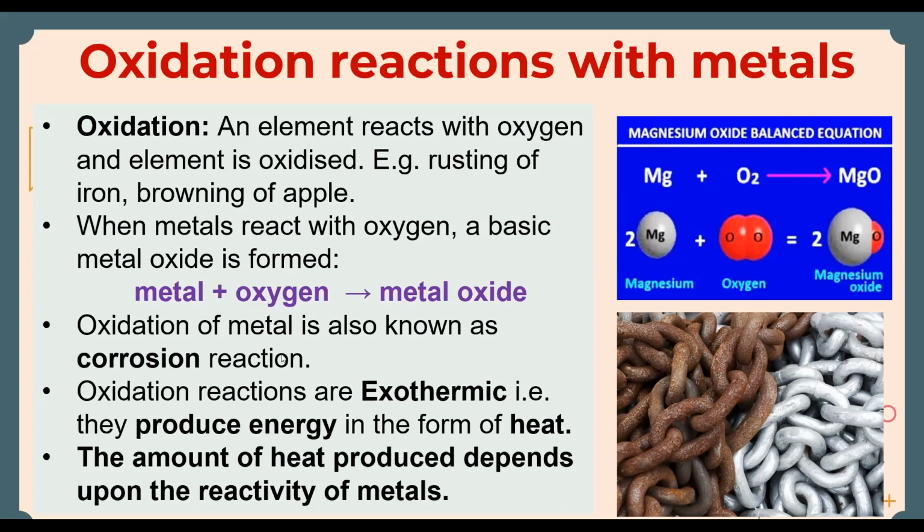Now, oxidation of metal, like I said in the previous slide, is a corrosion reaction, and oxidation reactions are exothermic. You guys know what exothermic and endothermic are from previous years. Exothermic is when you're releasing heat and that heat is going outside. Remember, exo comes from the word external, which means outside. So exothermic means any reaction that produces energy in the form of heat, and that heat is radiating out.